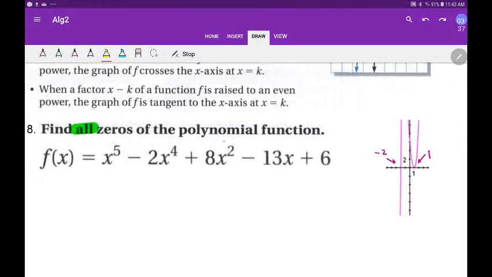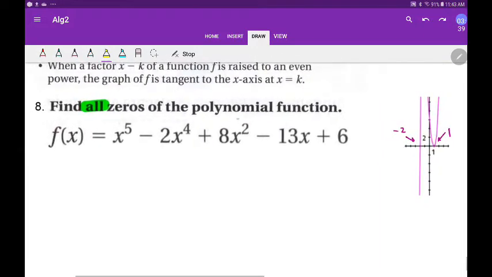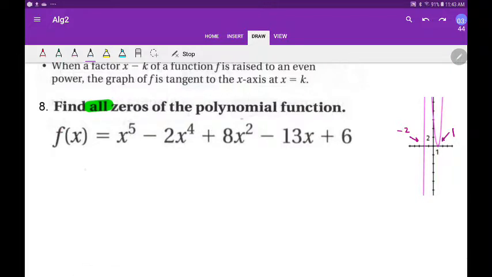So let's see. Let's go ahead and do this. We will say, well, okay, my possible zeros: plus or -1, plus or -2, plus or -3, plus or -6. Not worried about the bottom because it's 1. Okay, I'm just worried about this number out here, the constant. And I know that I'm going to try 1.